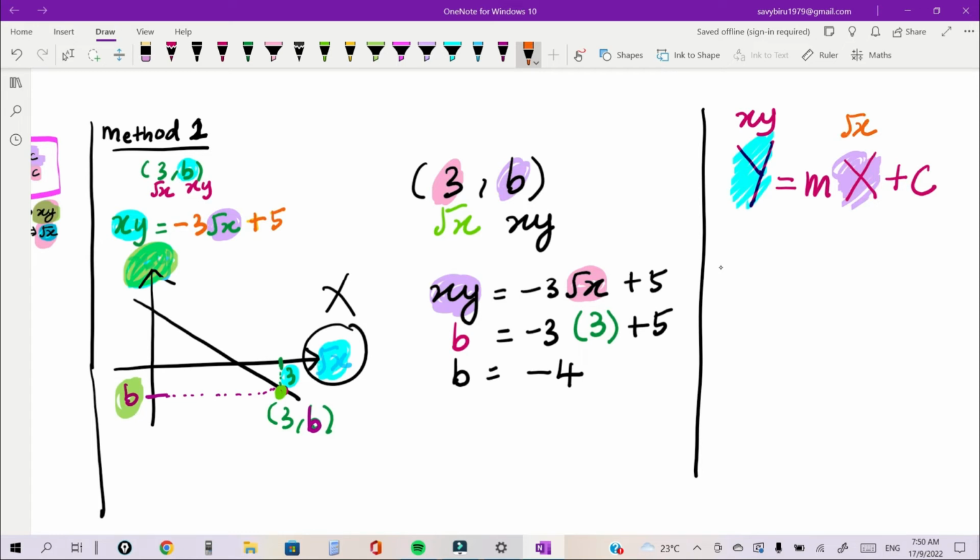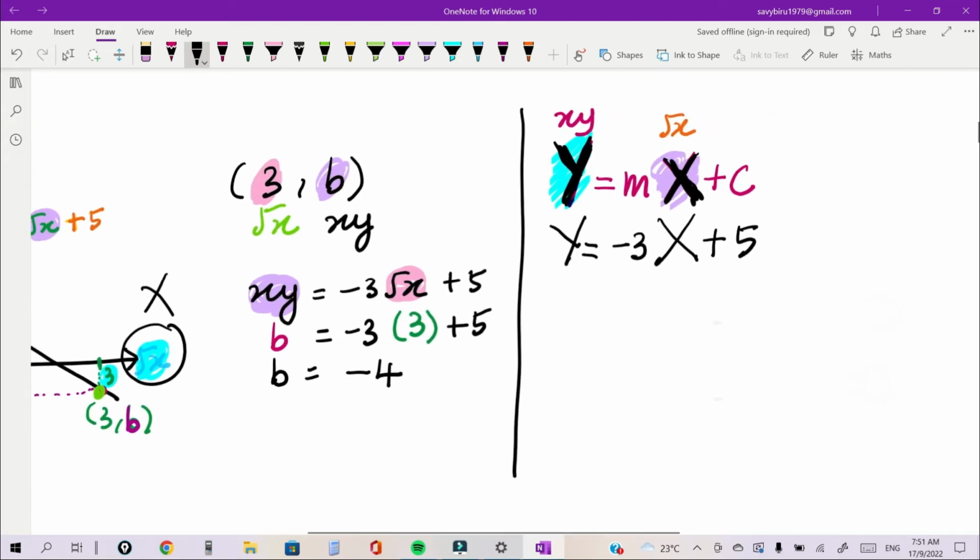Tapi kalau you rasa susah, you gunakan capital letter Y to represent your y axis, capital letter X to represent your x axis. So we have already calculated the gradient value, that is negative 3, and the y-intercept just now we get 5, right? So this is the equation in general form.